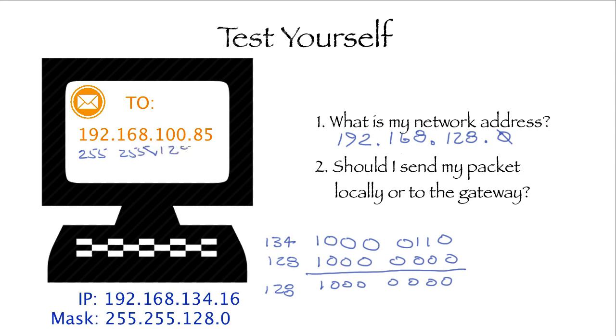And the only difficulty is in the third octet right here. 100 is actually 01100100. So we're going to AND that with 128. And here's what we're going to get. We're actually going to get all zeros.